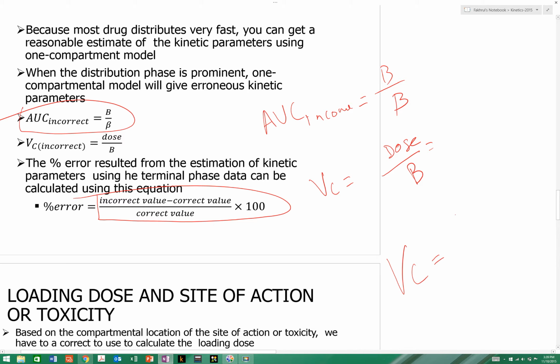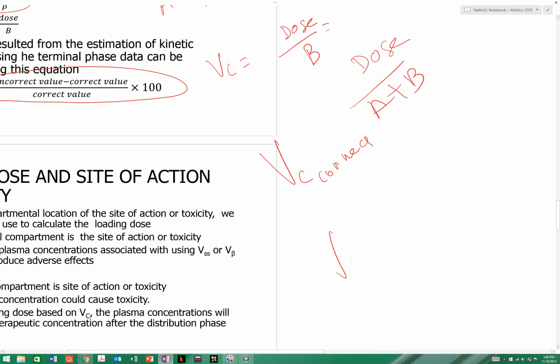You see here, correct volume of distribution, VC correct, would be dose by A plus B, and VC incorrect would be dose by B. So which one is going to be larger?